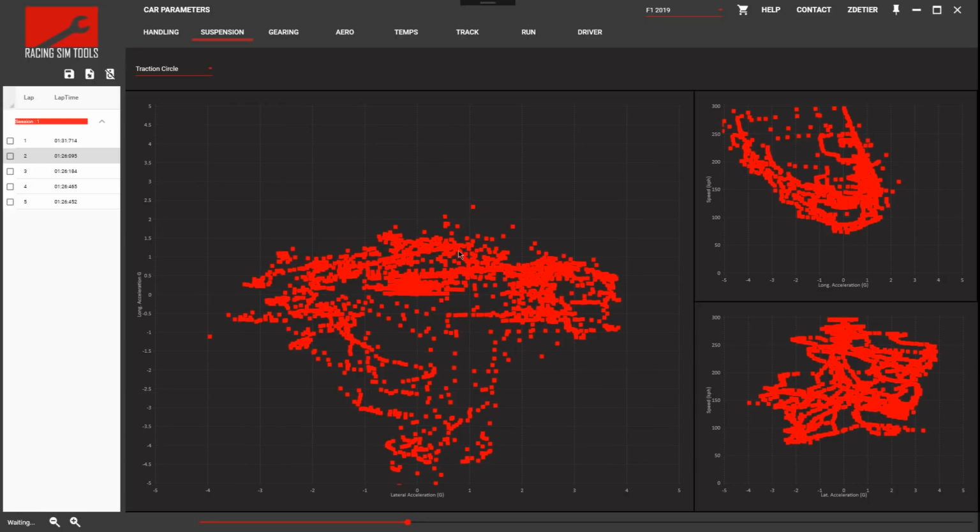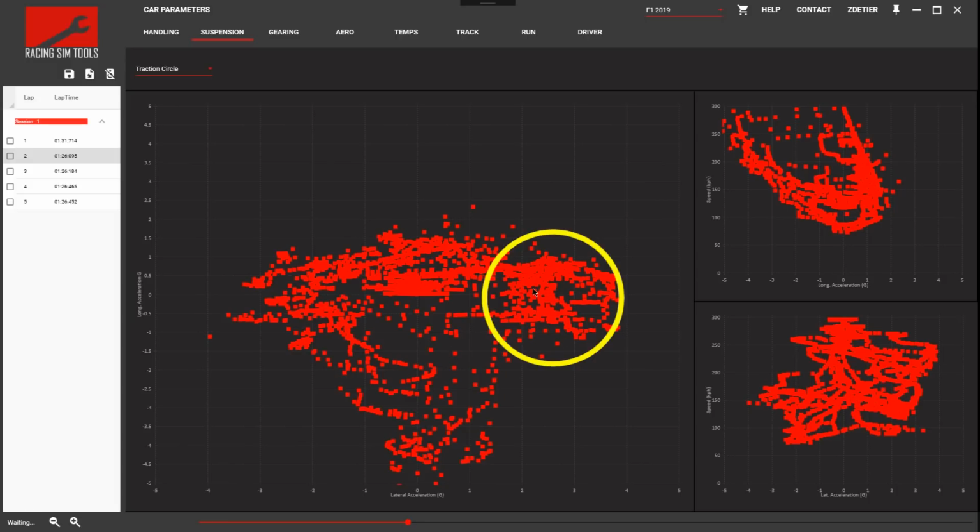Just by looking and getting a guesstimate, it looks like right in this region is where I see the most data samples. And that is the rear left tire. Catalunya has a lot of high-speed right-hand turns, which means that rear left tire is really going to get loaded, which is where all these data samples are.